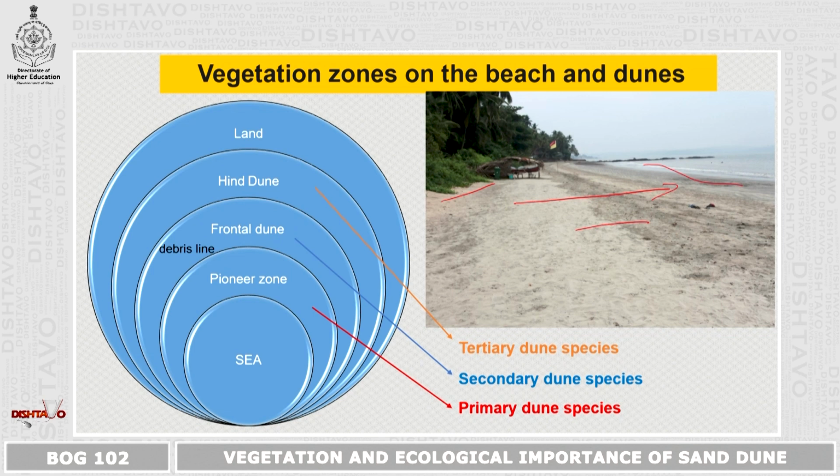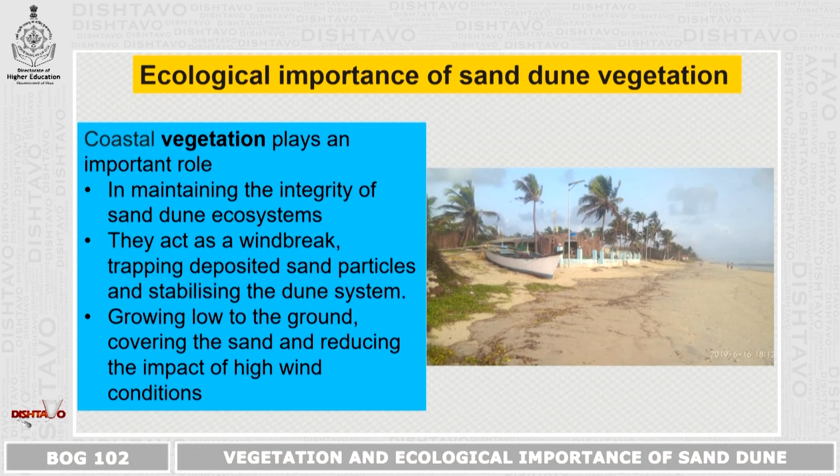These tertiary dune species normally create a lot of humus. It creates a lot of biomass, and that is how it helps a lot of fauna to take its habitat in this region. So this is how the vegetation will grow in zones on a beach and the dune.